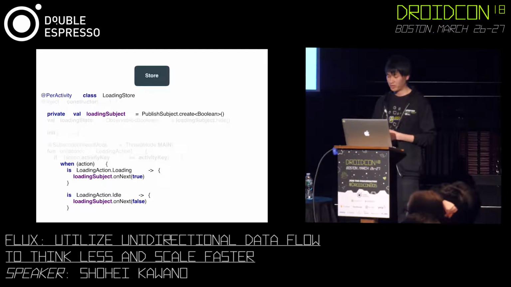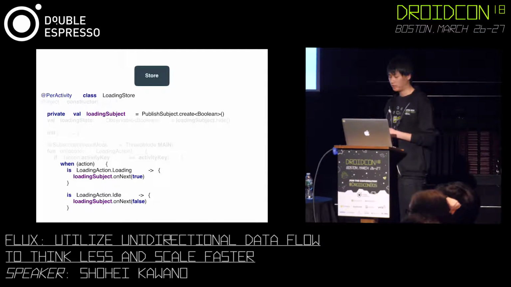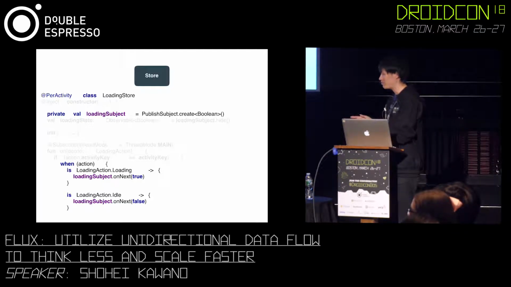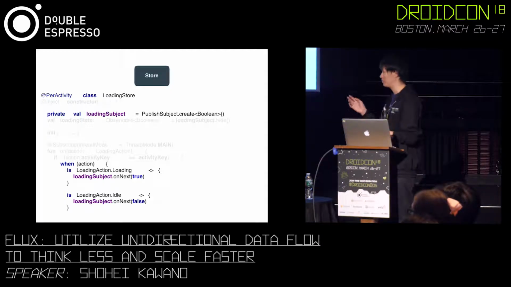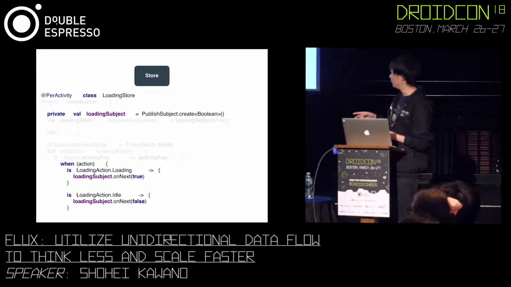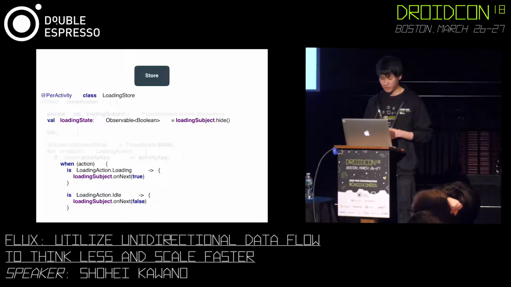This can be done because PublishSubject has a hide function, so the subscriber subscribes to the PublishSubject as an Observable type. The subscriber doesn't have to call any PublishSubject functions, so the store exposes the state as an Observable type instead of a PublishSubject type. When the loading subject has a new value, true or false, the view will receive it.